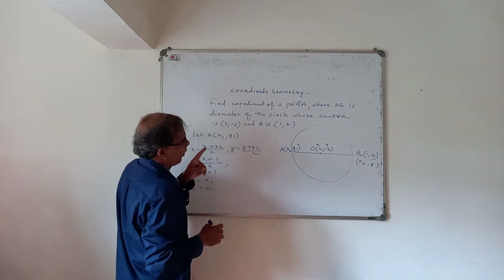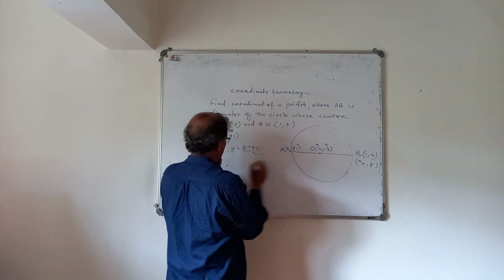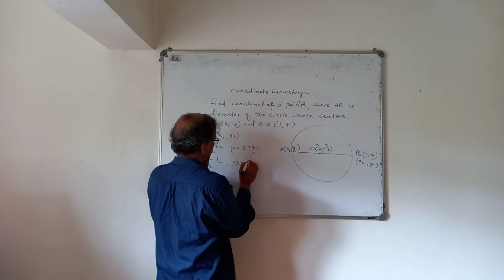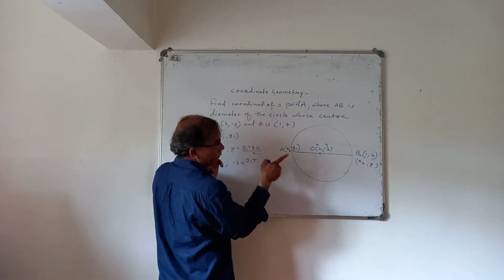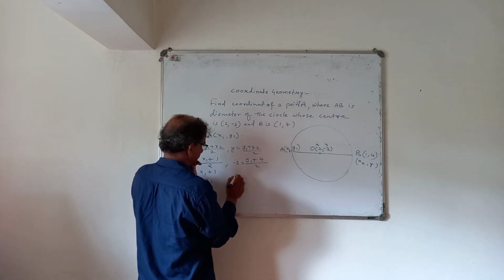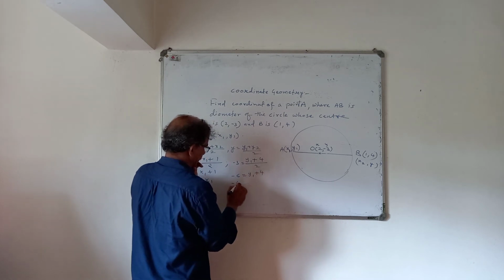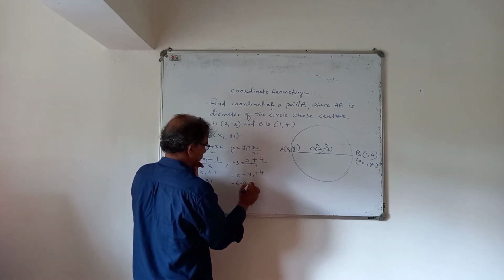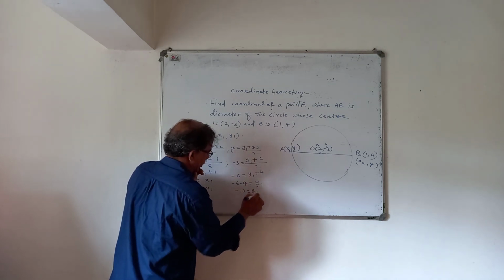So similarly, y. What is y value now? Minus 3. Coordinate of midpoint. So minus 3 is equal to, this is y1, we don't know. We want to calculate, plus y2, 4, whole upon 2. 2 into minus 3, minus 6 is equal to y1 plus 4. Minus 6 minus 4 is equal to y1, minus 10 is equal to y1.